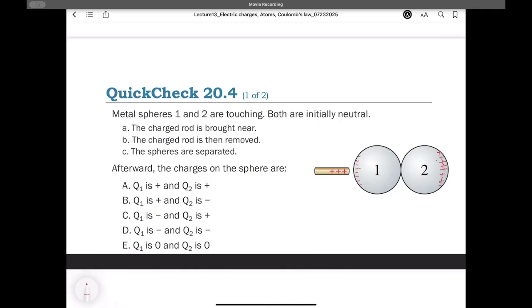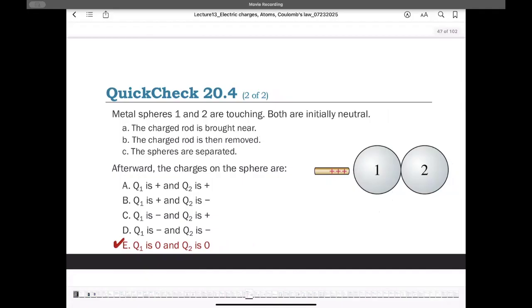The negative will go here, the positive will go here, and then they will reach an equilibrium situation, back to the original one. So this one will become neutral, and this one will become neutral, to reach equilibrium status. So the answer should be E. That makes sense to you?